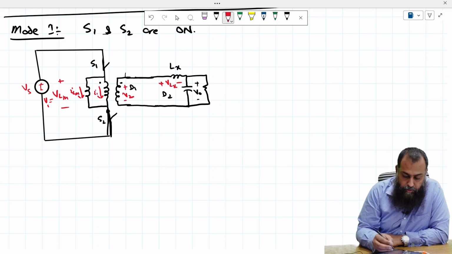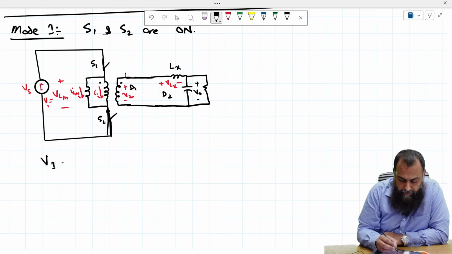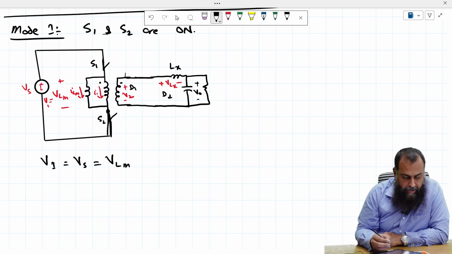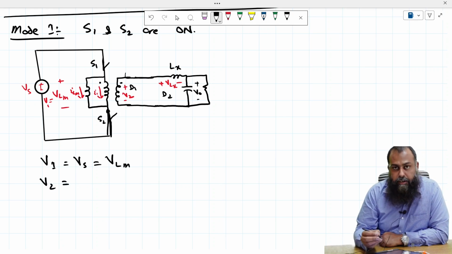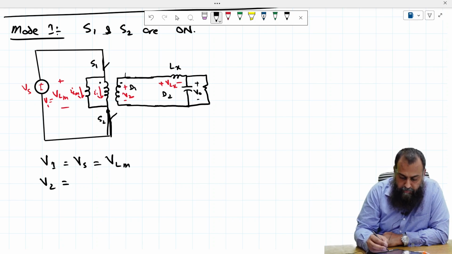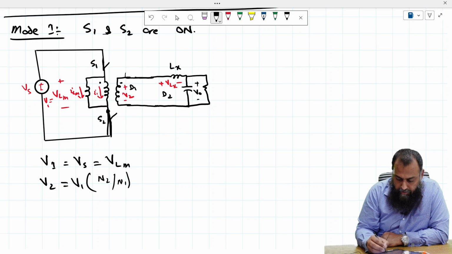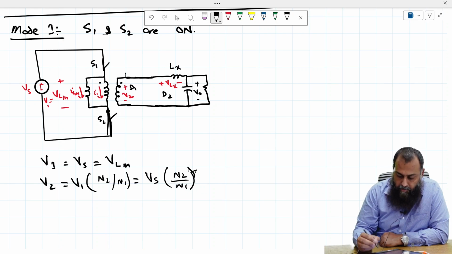If I apply basic circuit analysis, V1 is equal to Vs, and that is equal to VLM. The voltage V2, using the turns ratio of the transformer, is equal to V1 into N2 over N1, and that is equal to Vs into N2 over N1.